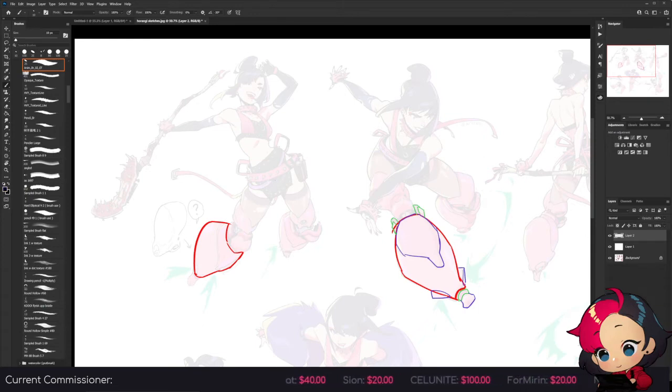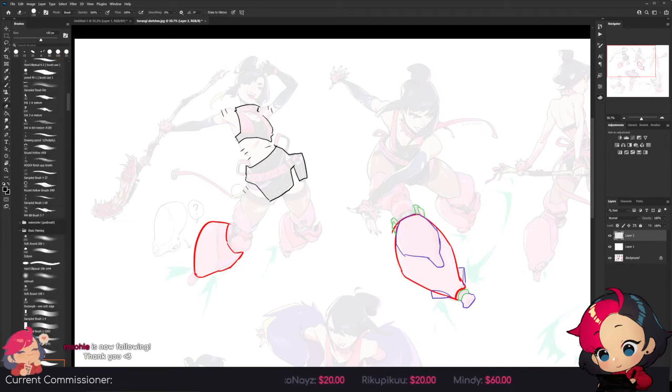Examples are places like this, where there's a concentration of detail, right? And then there's like no detail at all here. Concentration of detail right here. And then not a ton of detail near the legs.